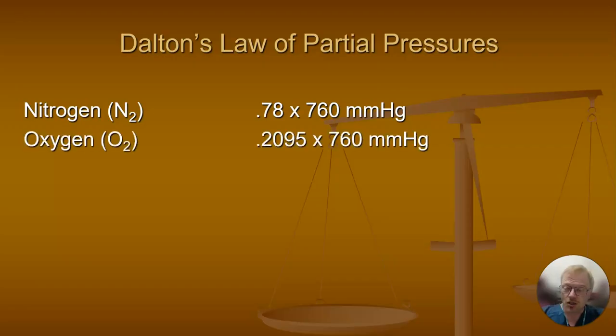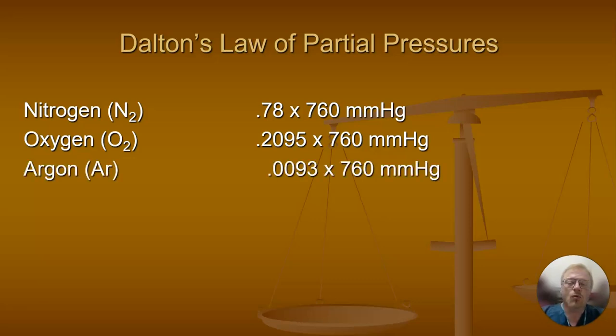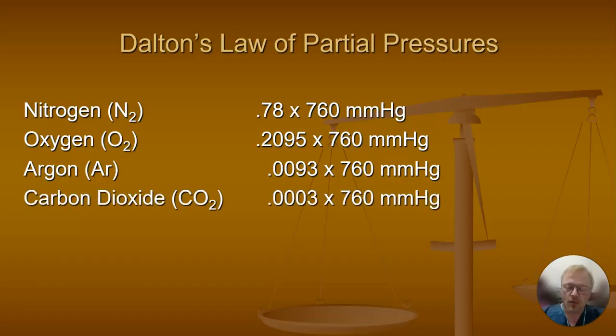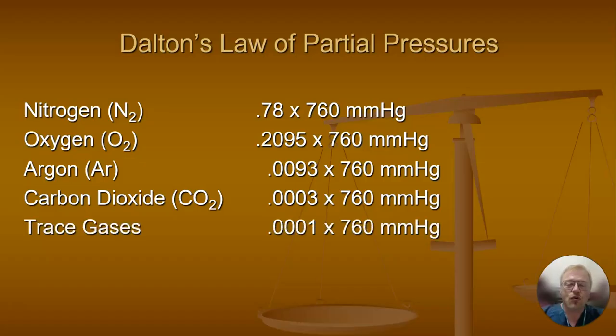Oxygen, 0.2095 or 0.21 times 760. Argon will be about 0.0093 times 760. Carbon dioxide is 0.0003 times 760. And the trace gases, 0.0001 times 760.